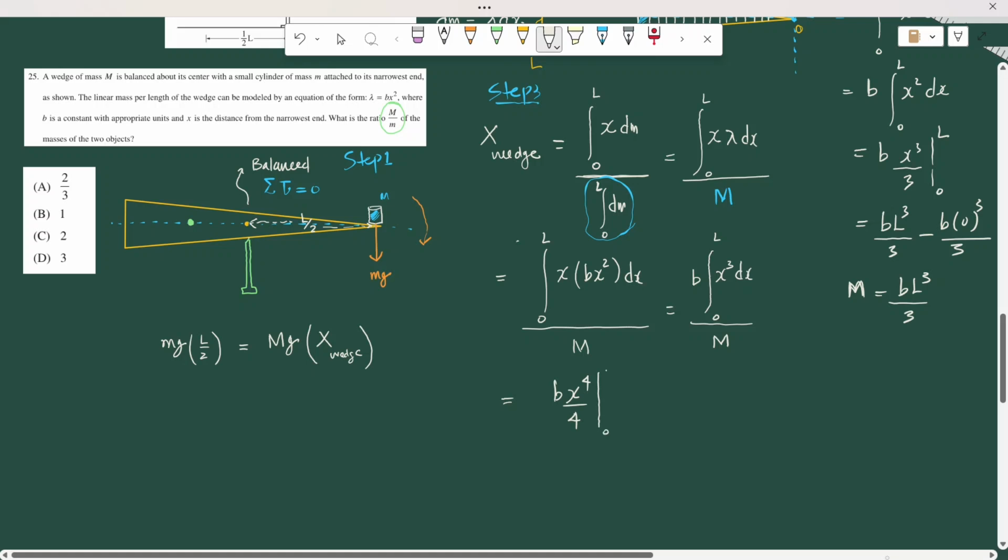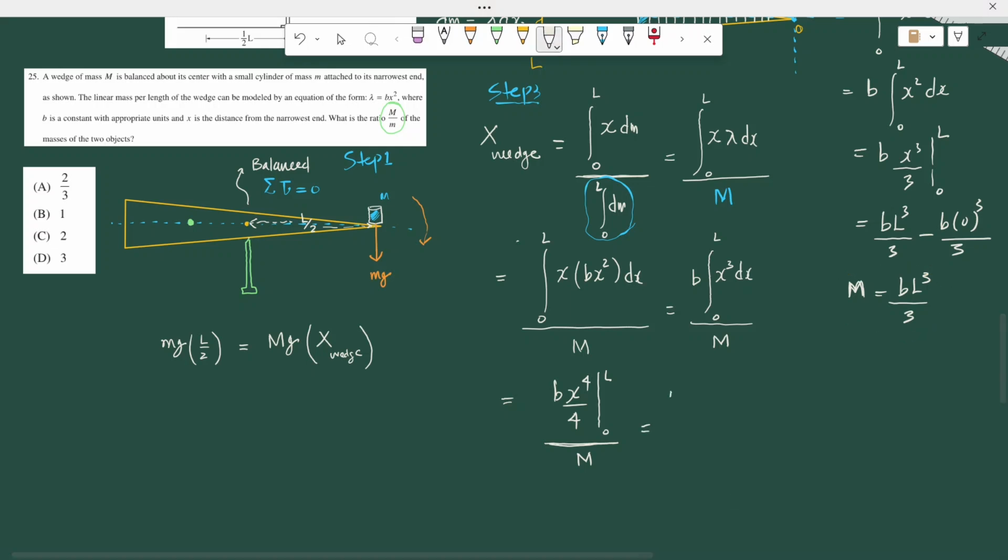Apply the lower limit 0 and upper limit L, divided by m. You know that m is BL cubed over 3. Anyway, let's solve it. So it is BL to the power 4 divided by 4, divided by m, which we can write as BL cubed over 3. And then you would see that it is 3 over 4 times L.